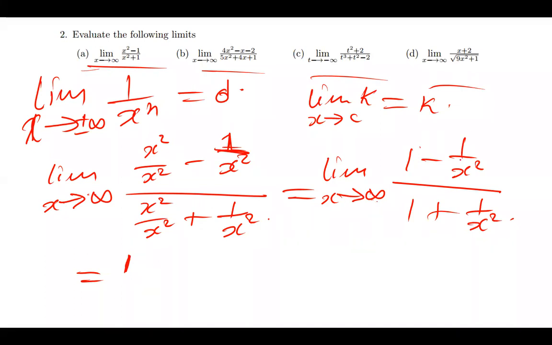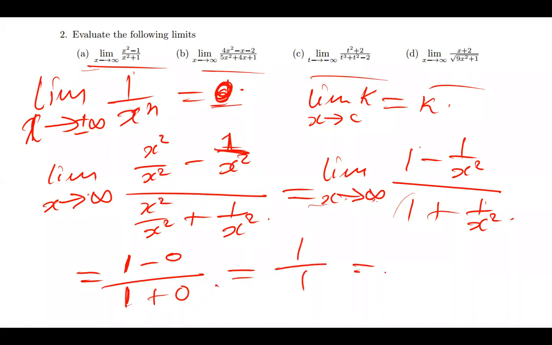The limit of 1 over x squared as x approaches infinity is 0, because it is of the form 1 over x to the power n. So we have 1 minus 0 in the numerator, and 1 plus 0 in the denominator. That gives 1 over 1, and the answer is simply 1. That's the final answer.